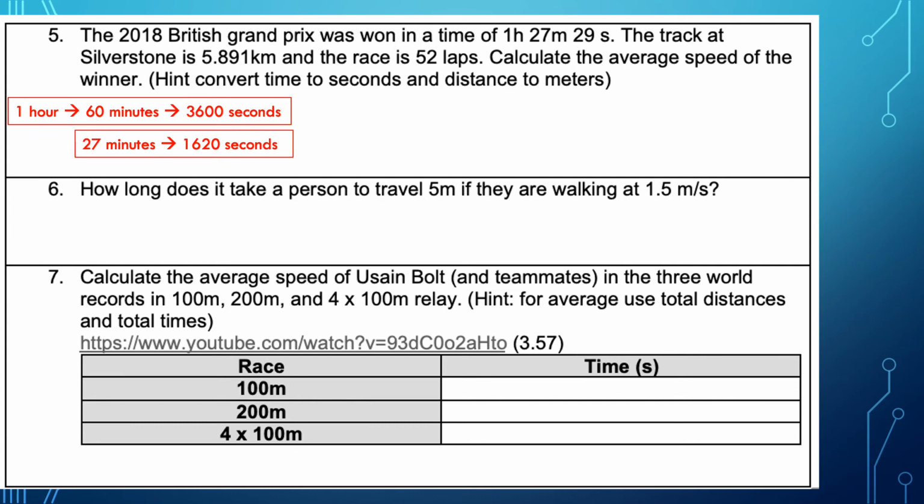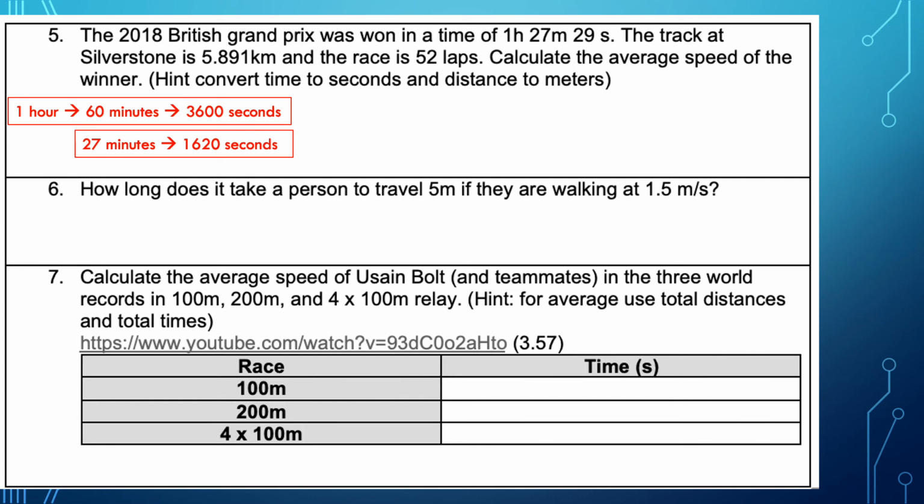For your distance, right, you have 5.891 kilometers, and the race was 52 laps. So there's 2 ways that you can do this. You can convert the kilometers into meters first and then multiply by 52, or multiply by 52 first and then change all that into meters. Either way works, whatever one is easier for you.